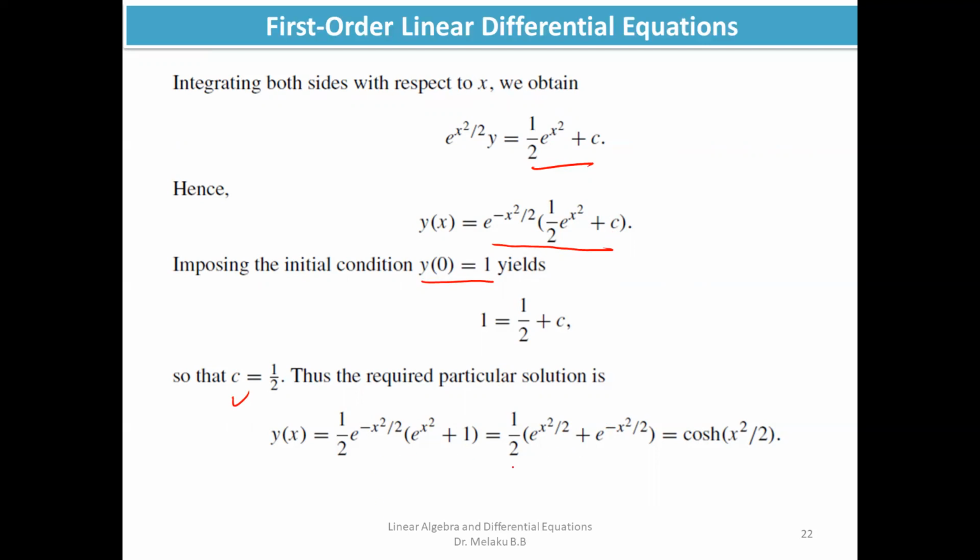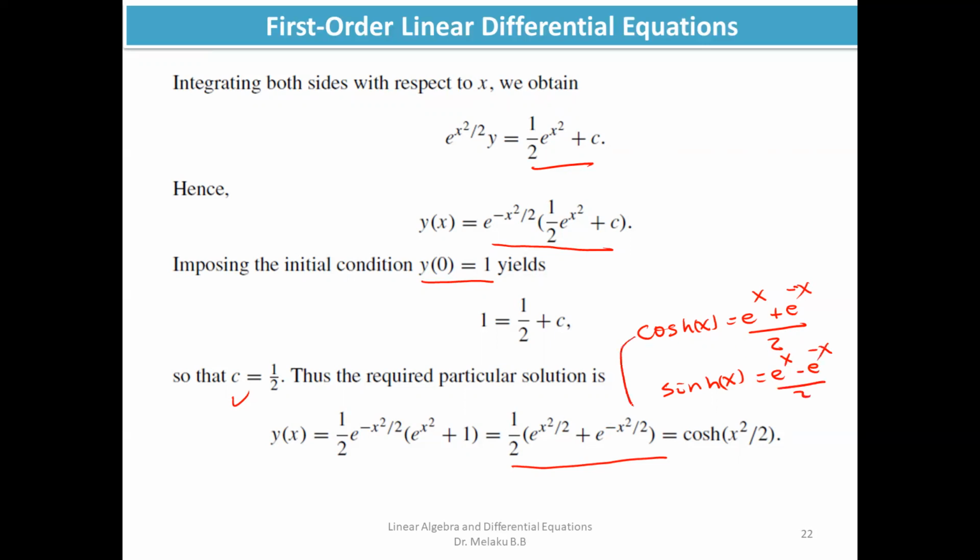Then finally, you will obtain 1 over 2 times e raised x squared over 2 plus e raised minus x squared over 2, and this is called the cos hyperbolic of x squared over 2. Remember, the cos hyperbolic function of x is e raised x plus e raised minus x over 2, and the sine hyperbolic of x is e raised x minus e raised minus x over 2.